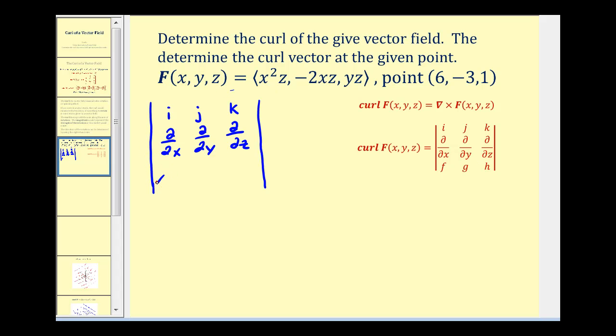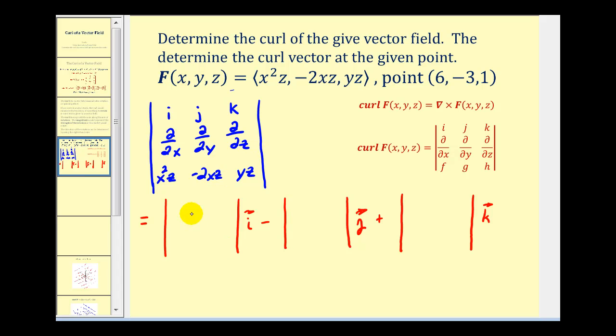So we'll have x squared z, negative 2xz, and yz. To evaluate this, we'll use the cofactor expansion method. For this first 2x2 determinant, we eliminate row 1 and column 1.